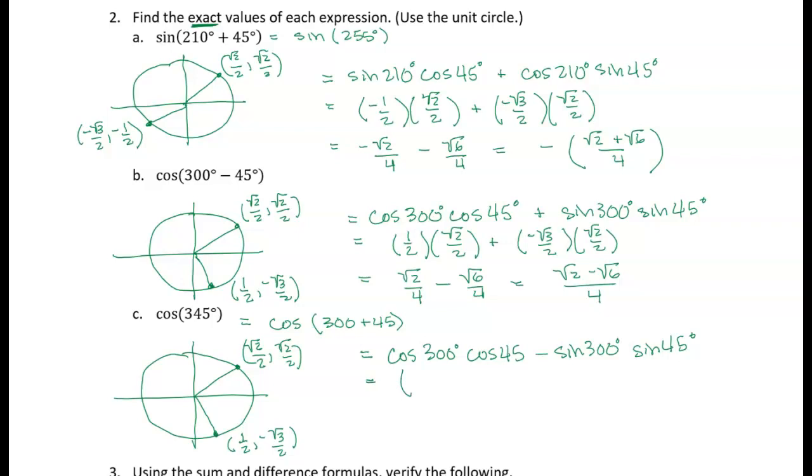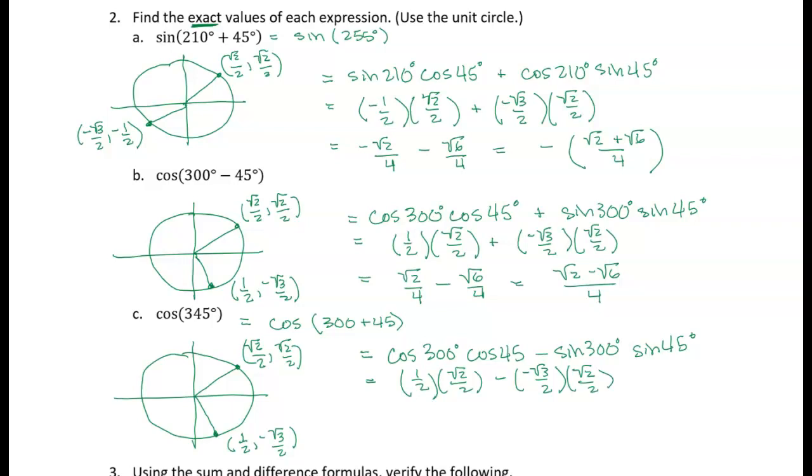We get 1/2 times square root 2 over 2, minus, the sine of 300 is negative square root 3 over 2, times the sine of 45, which is the square root 2 over 2.